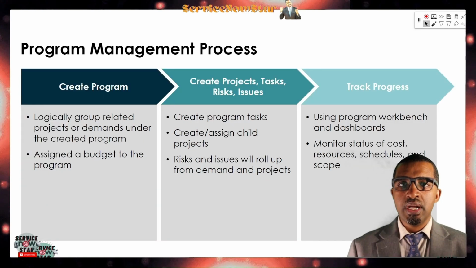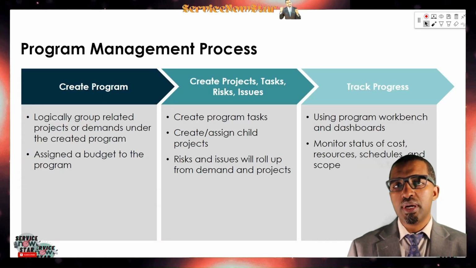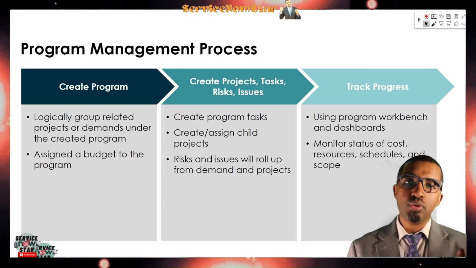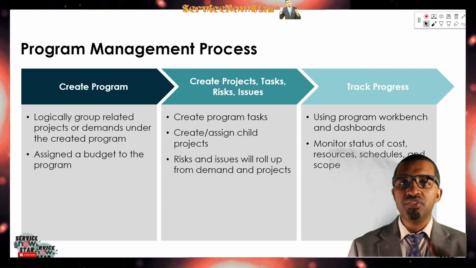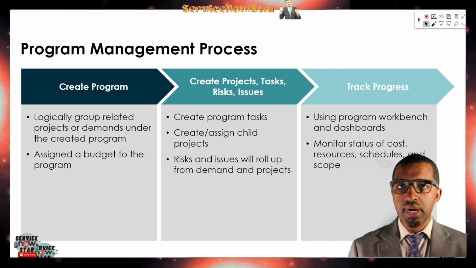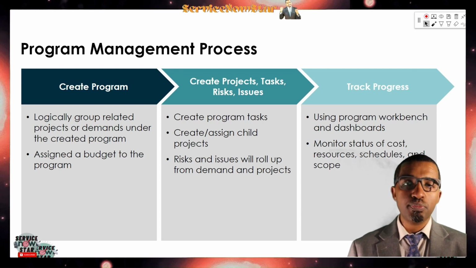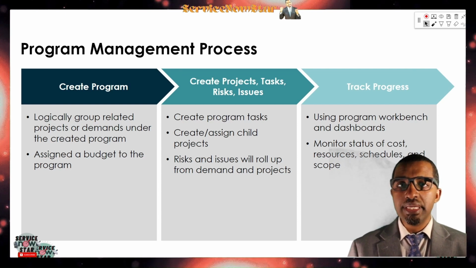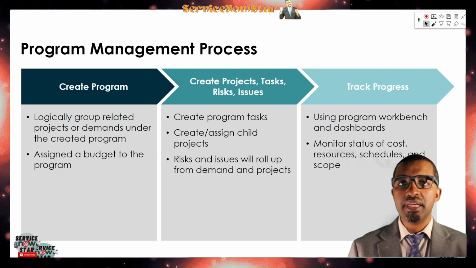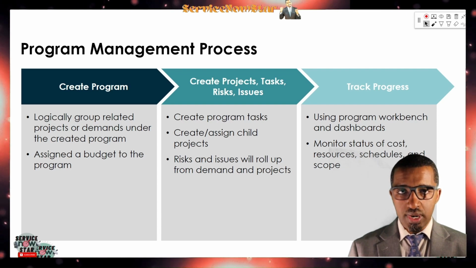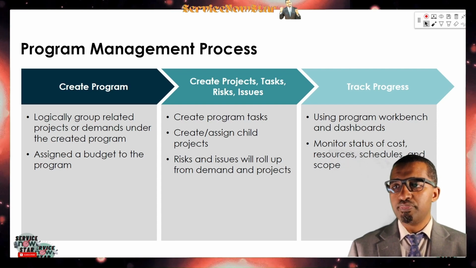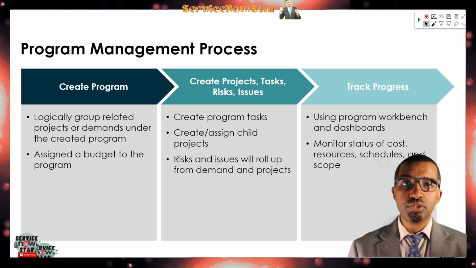All right. Now let's talk about the program management process. How does the process work in ServiceNow? First thing is you will create your program. Like I said earlier, once you create it, you can add different demands and projects to your program, and you can also assign a budget to the program.